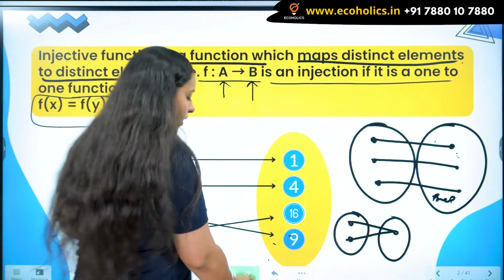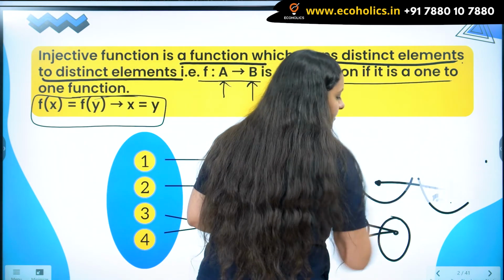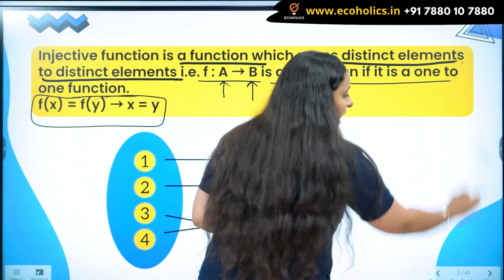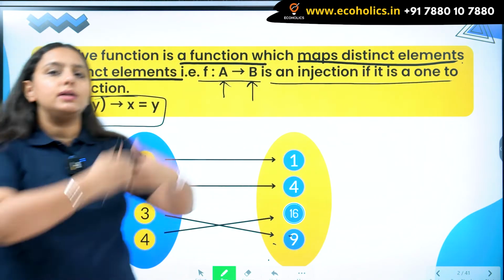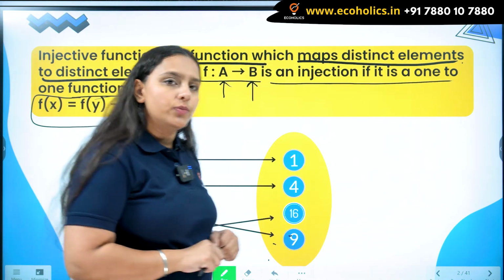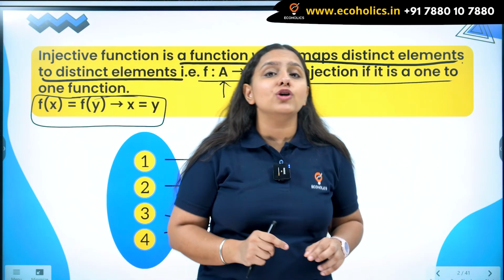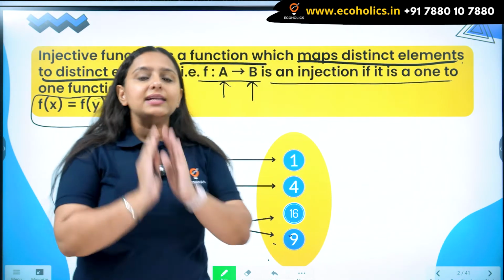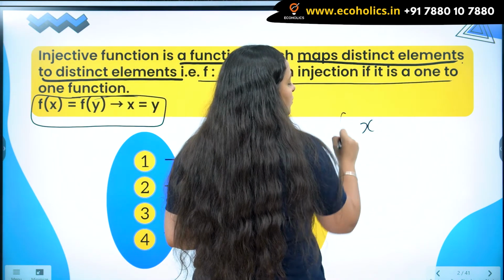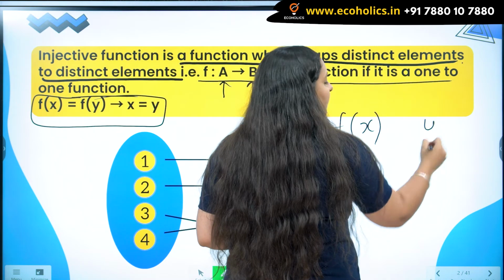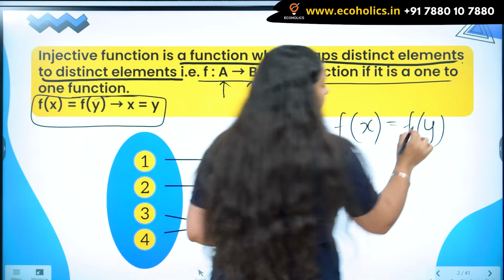Proving or checking a one-to-one function is really easy. What I'm saying is I need every element of the domain to go to a distinct element in my range. To prove whether a function is an injection or not, I can start with a contradiction. I will say x is an element going to some number and y is an element also going to the same number.